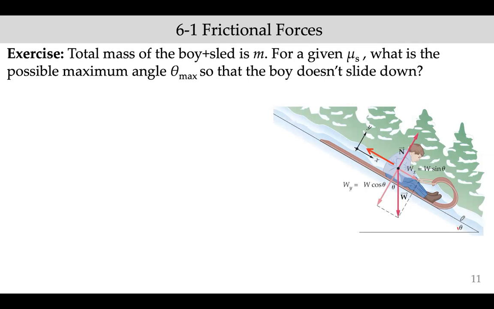What is the maximum of this angle so that the boy doesn't slide down? You know, if the angle is like this, of course, the boy will not slide down. But if the angle is too steep like this, well, it will slide down. The friction in this case will not be enough to balance its weight.